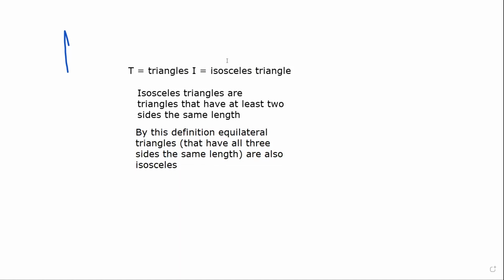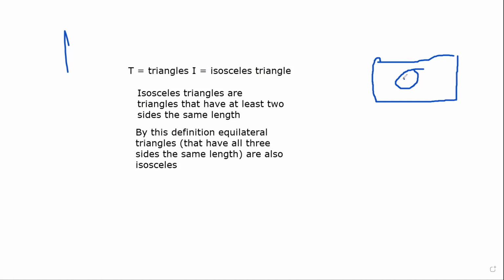In terms of the Venn diagram, if we draw a Venn diagram, we're going to draw a rectangle, and obviously these overlap each other. So you have a circle, we'll call it I. Now, every isosceles triangle is also a triangle.